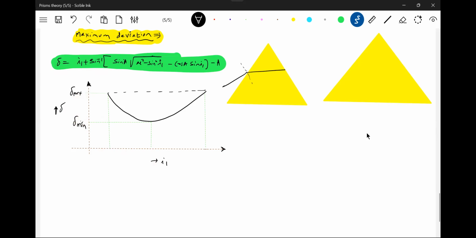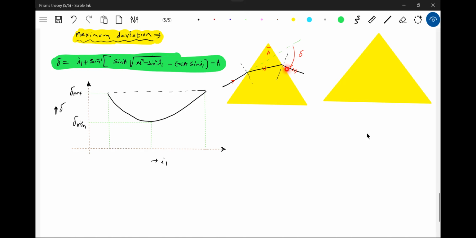Here is the ray after undergoing refraction. This is the emergent ray, this is the refracted ray, this is the incident ray, and this is the angle of prism. The deviation we were discussing is this, with the red color I will show it.